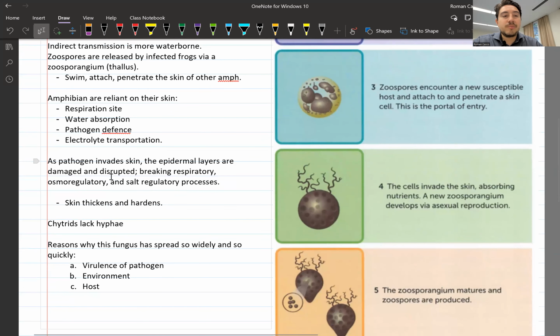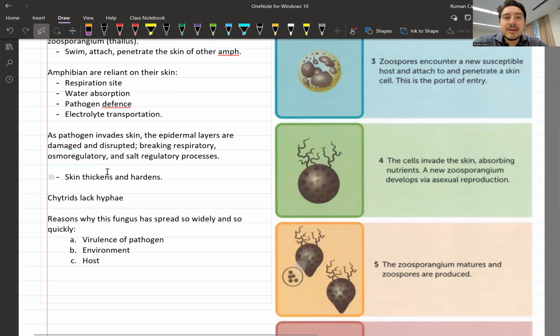But of course, the problem is that this pathogen comes in and invades the skin, invades the epidermal layers, and damages the whole layer of tissue, right? And as it's invading, spreading and multiplying, it's disrupting the whole respiratory system, the whole salt-regulatory and water-regulatory systems.